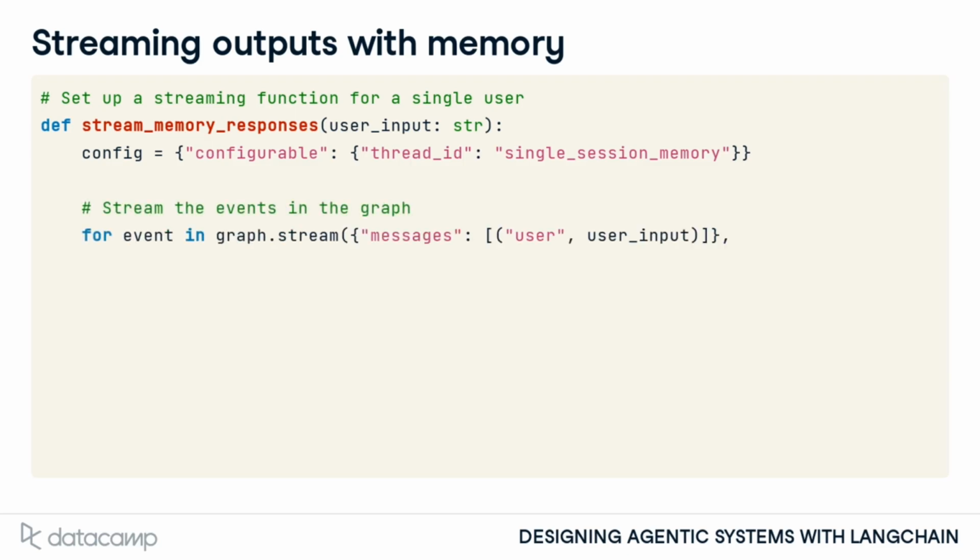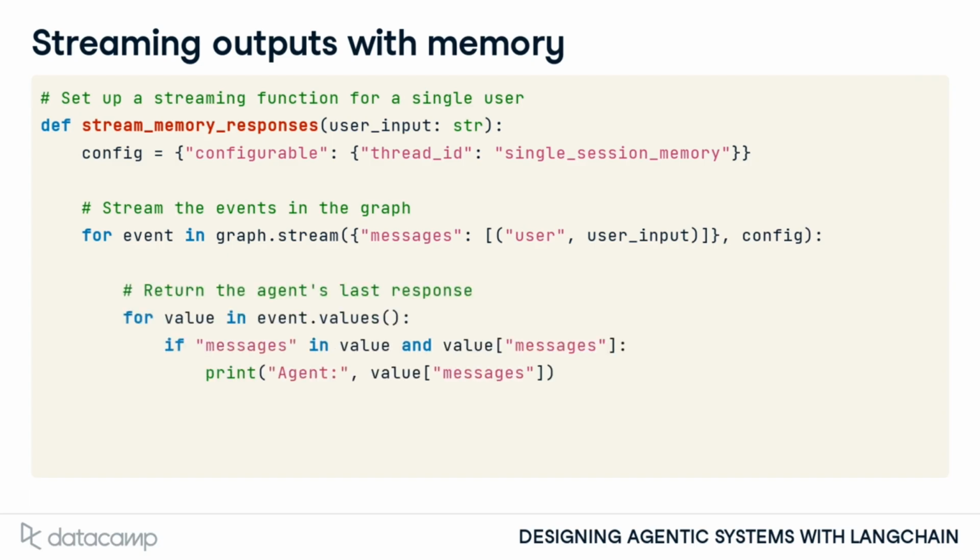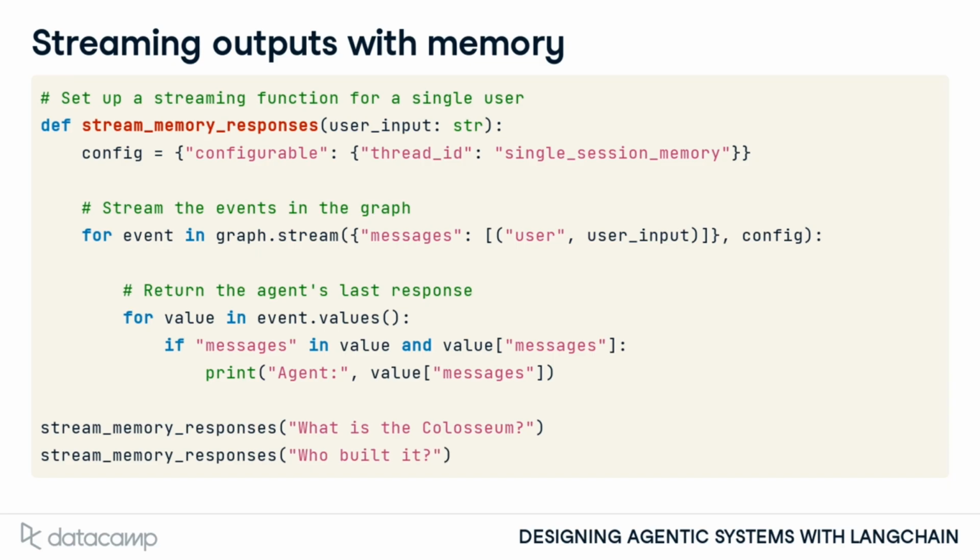Next, we'll use a for loop to stream events from the graph using stream, passing in the user's input message along with the config dictionary. Finally, we'll extract and print the agent's last response by checking for messages in each event's values, allowing the chatbot to answer follow-up questions with context.